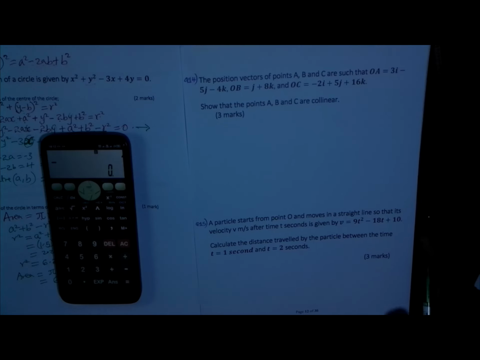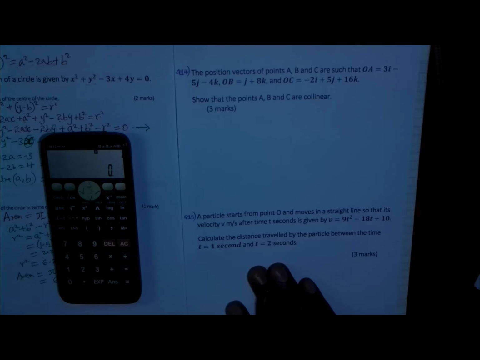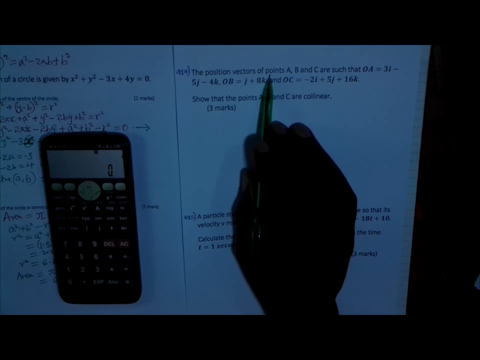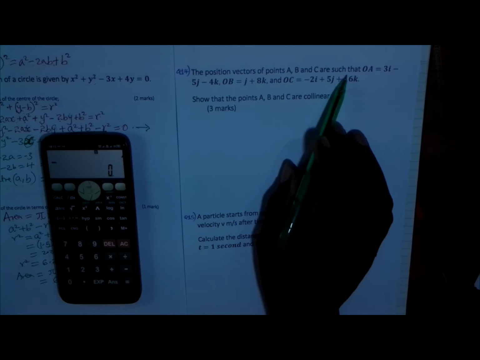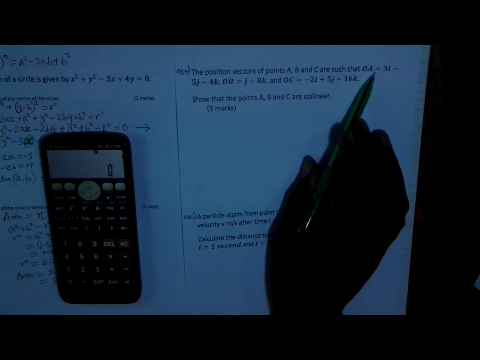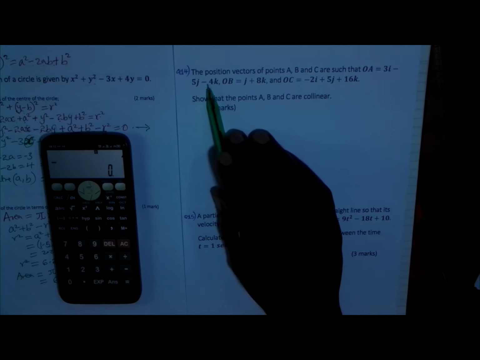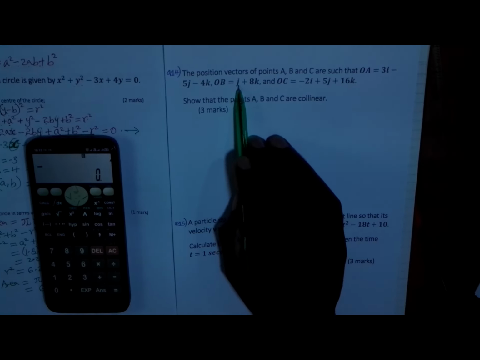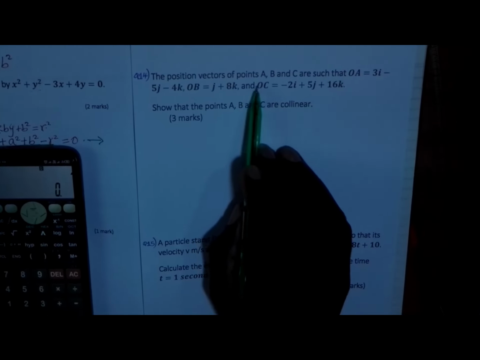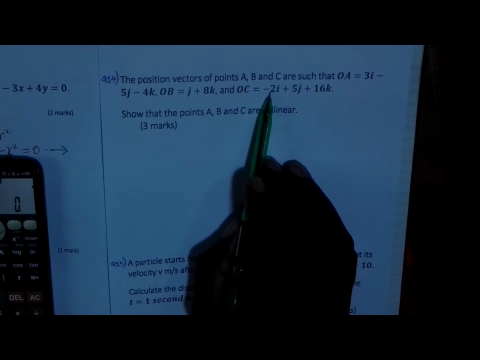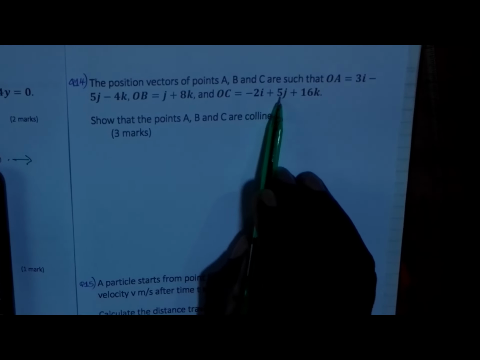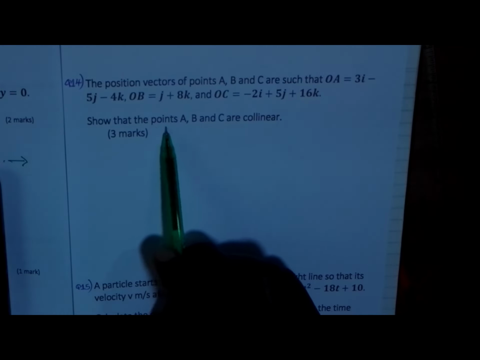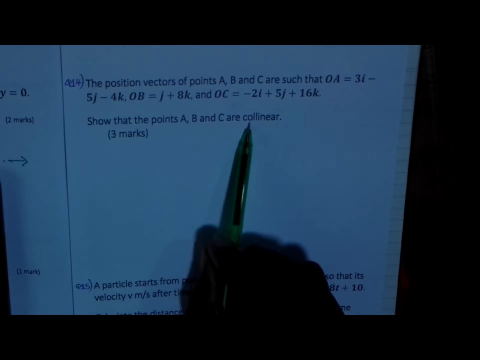For question number 14, the position vectors of points A, B, and C are such that OA is equal to 3i minus 5j minus 4k, OB vector is equal to j plus 8k, and OC vector is equal to minus 2i plus 5j plus 16k. Show that the points A, B, and C are collinear.